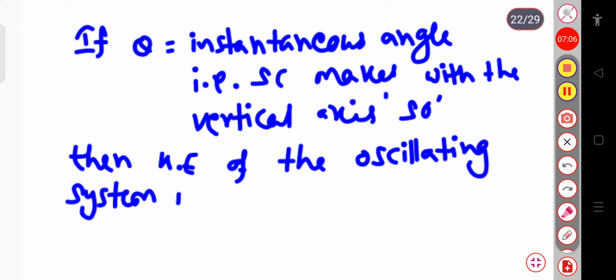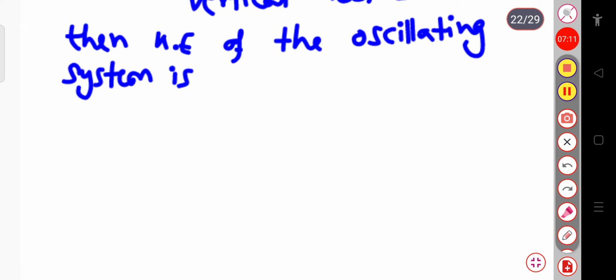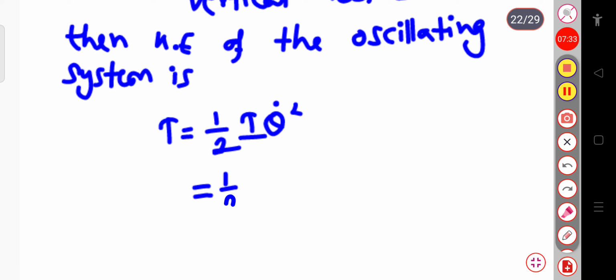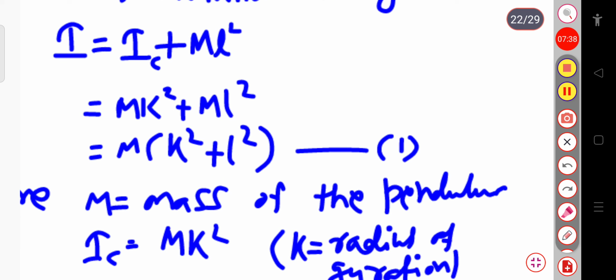is, we can write, T equal to 1/2 I theta dot square. You must be acquainted with this relation. So this kinetic energy T equal to half I, the moment of inertia, into theta dot square, and in place of I we can put the value m into k square plus l square.